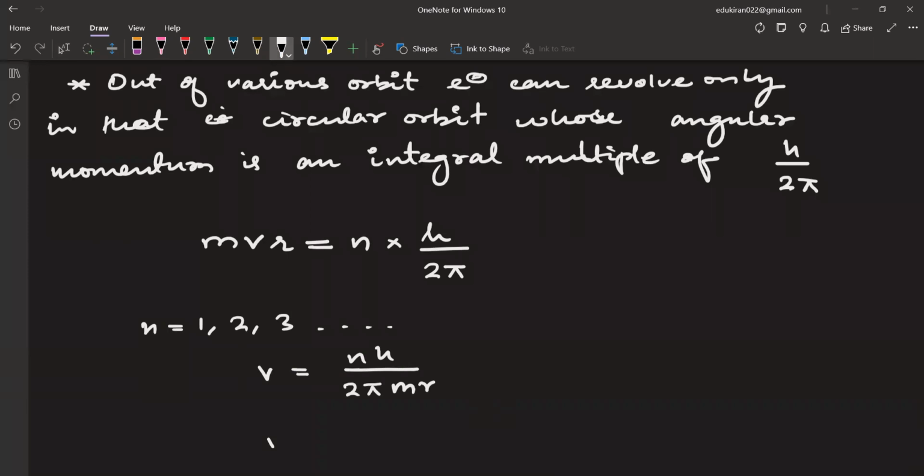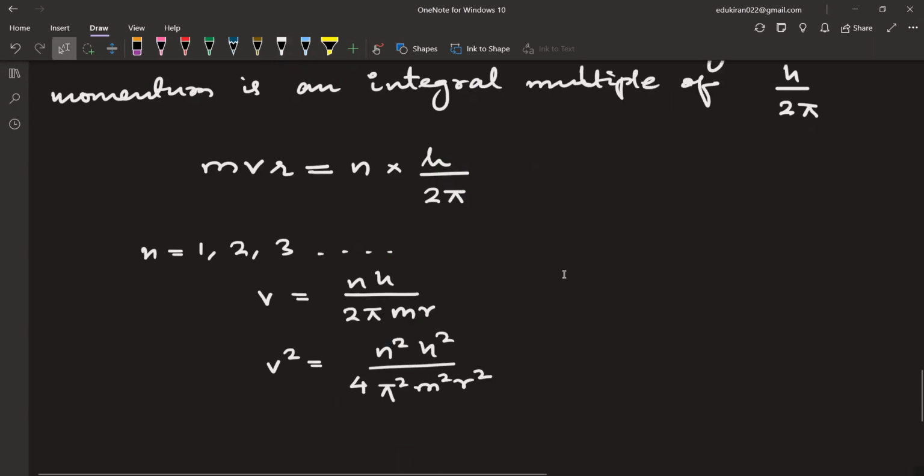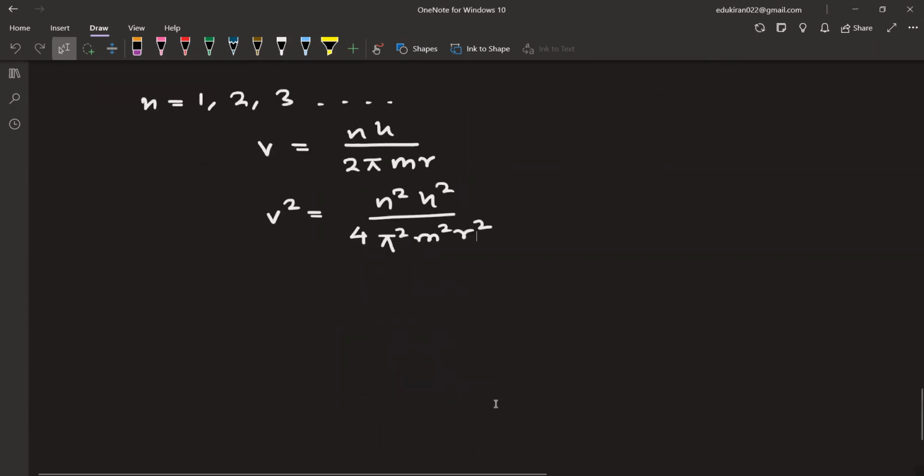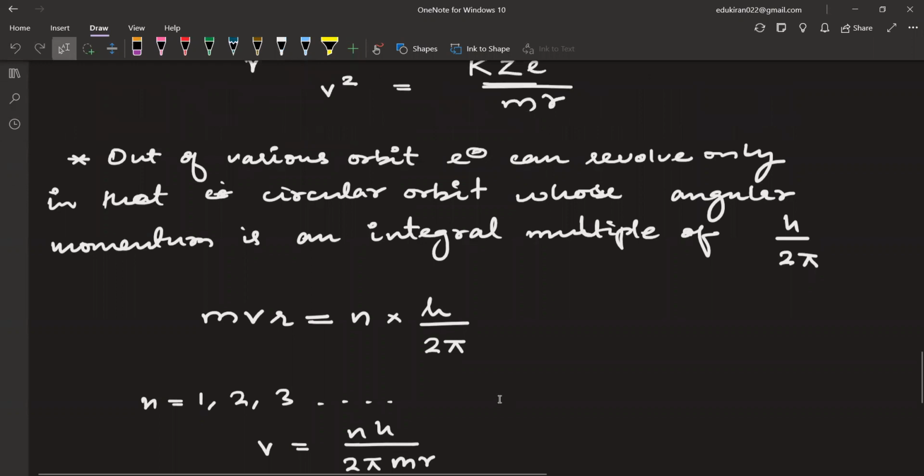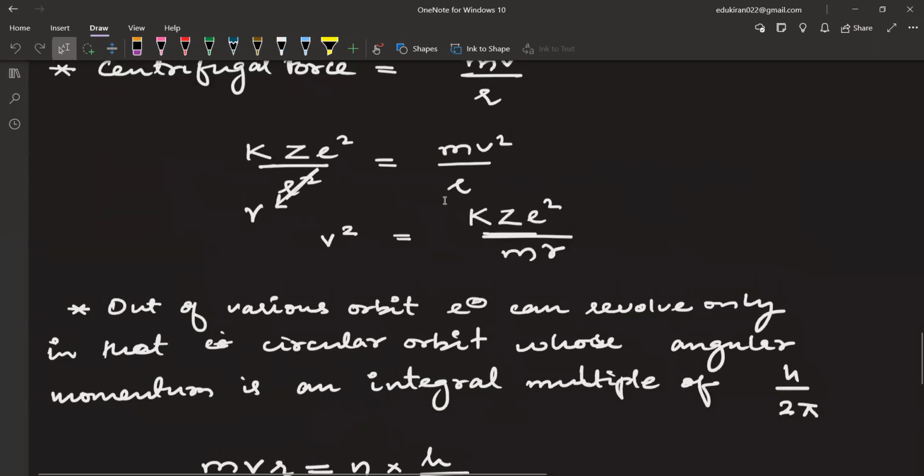And v square will be equal to n square h square upon 4 pi square m square r square. Yes. Okay. Now we have just seen that v square is equal to K Z E square upon m r, right?